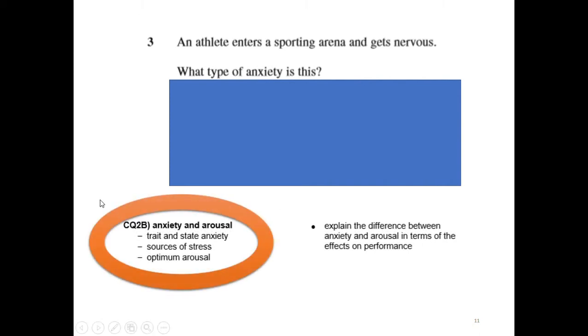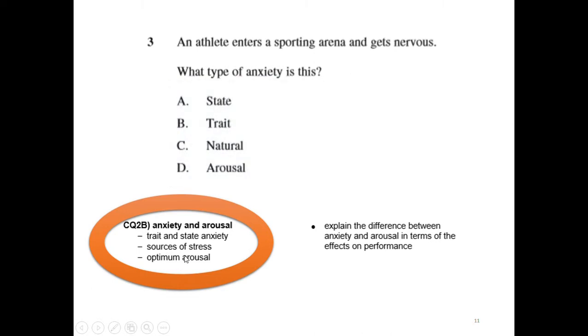Okay, and we know that from the syllabus. So this is the part of the syllabus that we're looking for. The answers were state, trait, natural, or arousal. So as you can see, they've thrown in arousal because it's part of that syllabus question. Natural we've never heard of, so we'd literally draw a line through that. Arousal we know is for optimal performance, so we put a line through that.